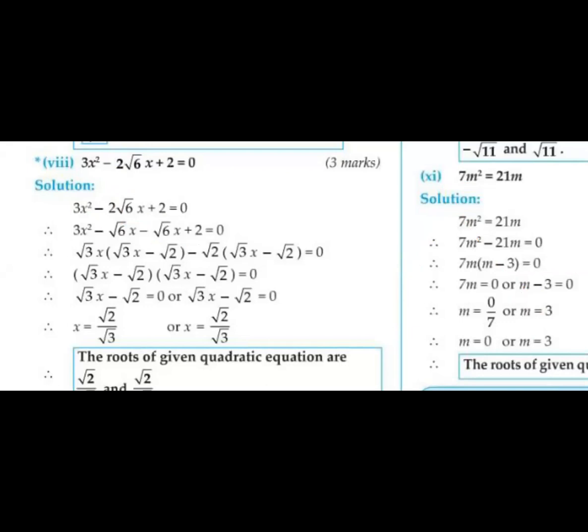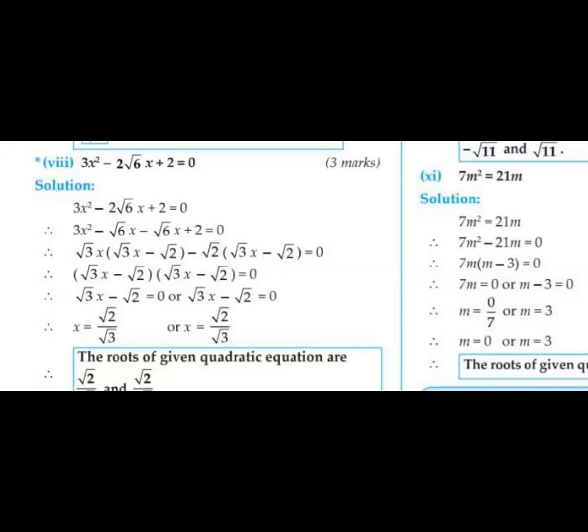So take the common between the first two terms and the last two terms. In the first two terms, root 3x is common here. So we can take, I expressed it for you just now, for 3 you can write root 3 two times. So 1 root 3 is here, so root 3 remains here, minus 3 times 2 is 6. And in these two terms we can take root 2 as a common, 3 times 2 is 6, and now root 2 times root 2 is root 4, root 4 value is 2.